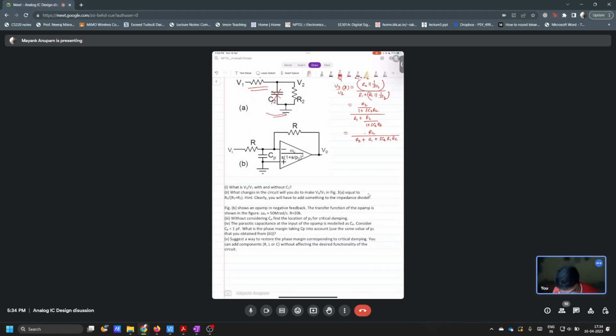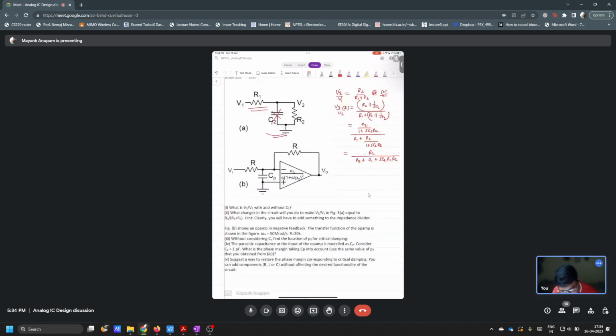And the simplified version of this will be R2 divided by R1 plus R2, times 1 divided by 1 plus SC2 times R1 R2 divided by R1 plus R2, right?